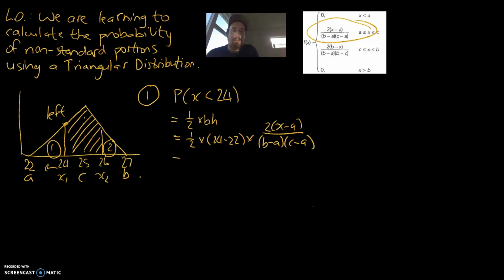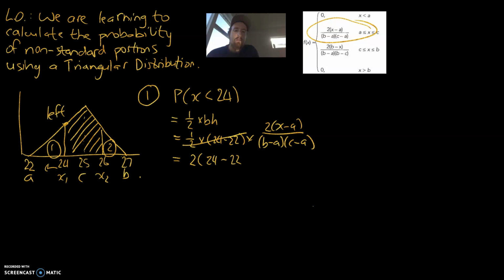And from that, we're going to substitute in all those values. We know 24 minus 22 is 2. 2 times 1/2 is 1. Anything times 1 is itself, so basically all of that is going to be cancelled out. The x we use is the x that's relevant to the triangle, which is 24.